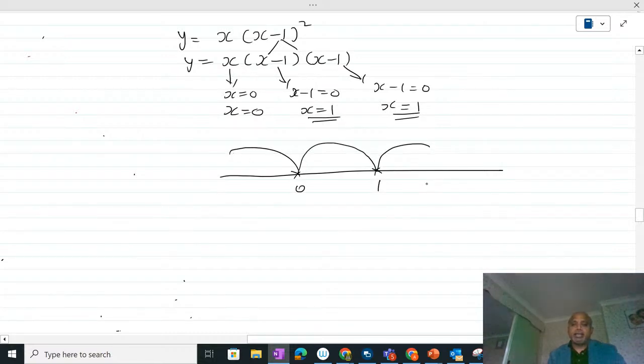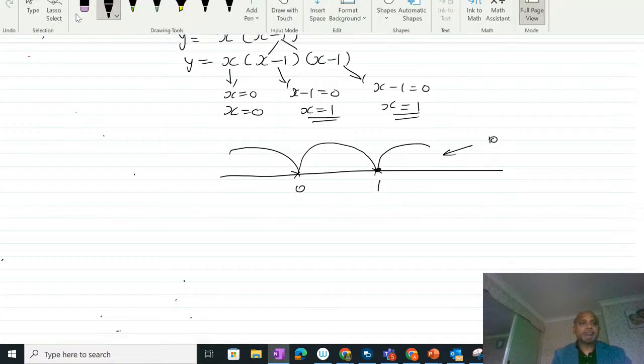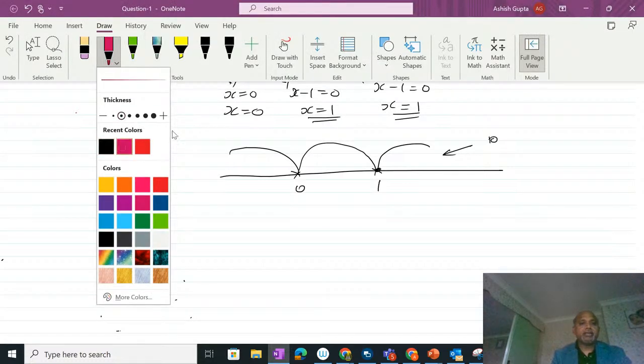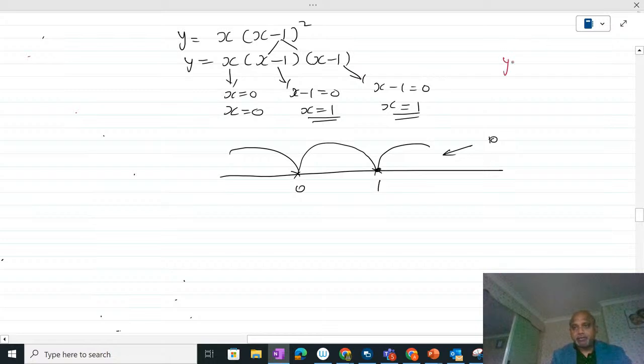Now take any number greater than 1. So let's take 10. So I'm putting 10 here. So y equal to x times x minus 1 square. If you put 10 there, it is 10 and 10 minus 1.